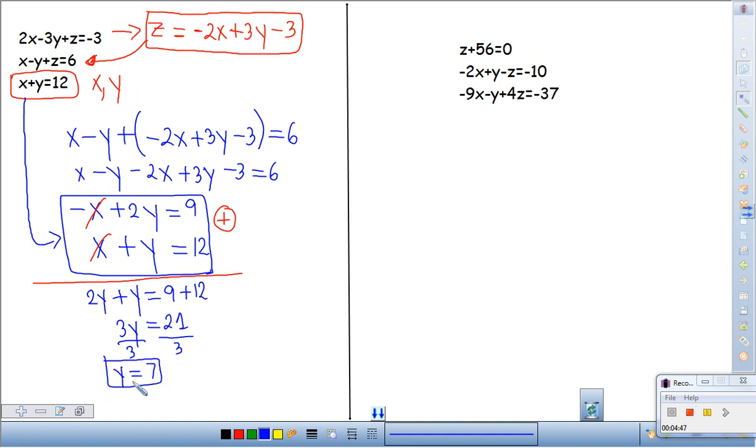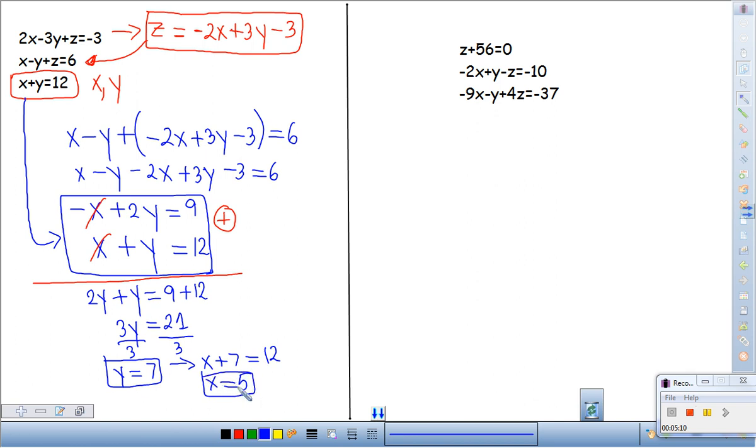Well, now that we have y's value, we can find what x is, because we know that one of the equations only has x and y variables. So I know that x plus 7 equals 12, which means that x equals 5.